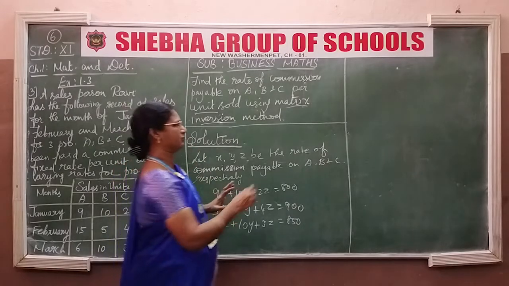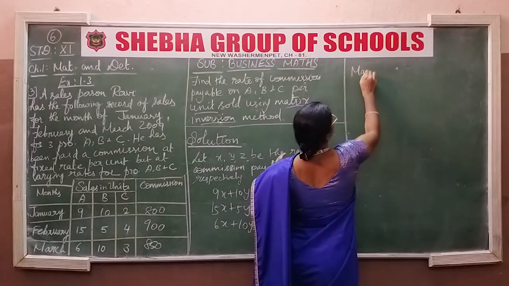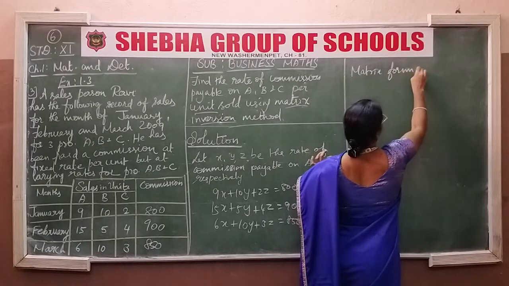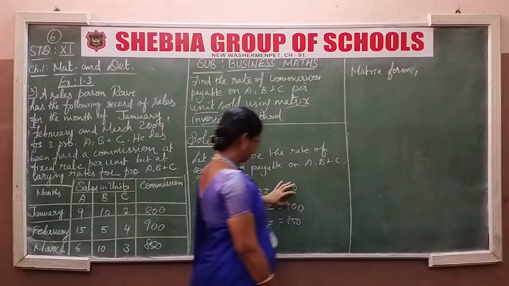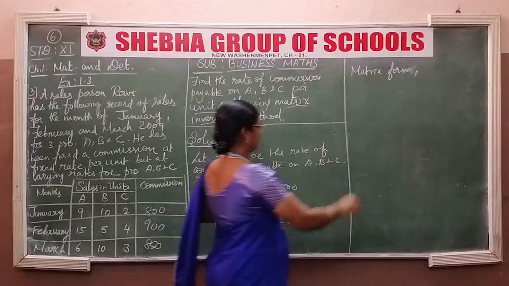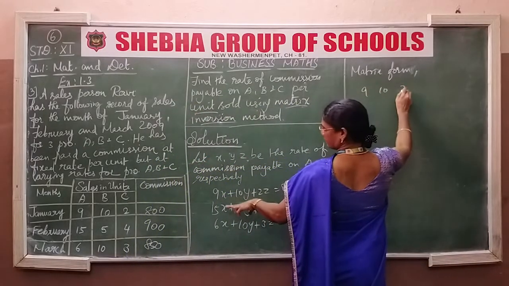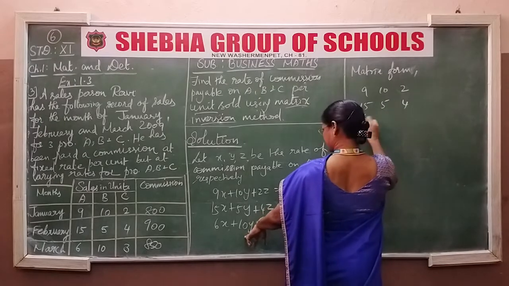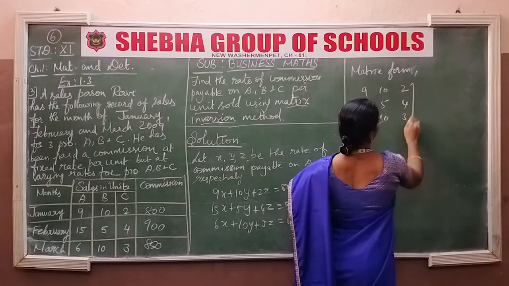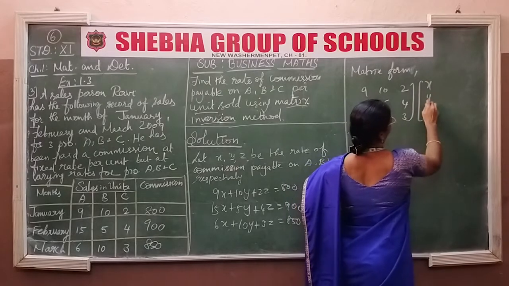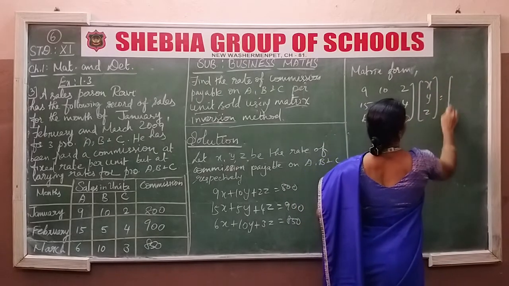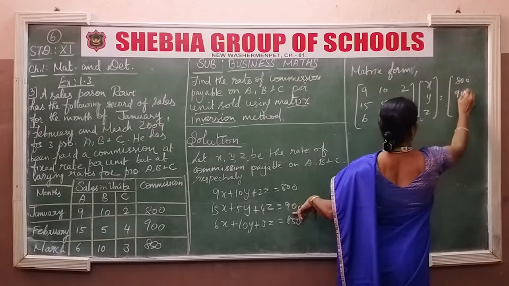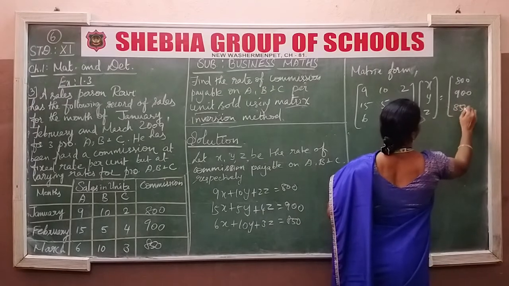First write the matrix form. Matrix form of the given system of equations becomes 9, 10, 2 and 15, 5, 4 and 6, 10, 3 into the variables x, y, z, which is equal to the commission column 800, 900 and 850.